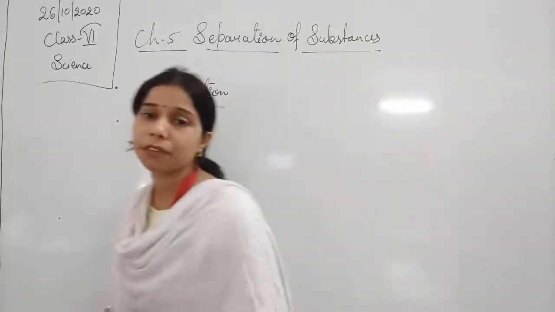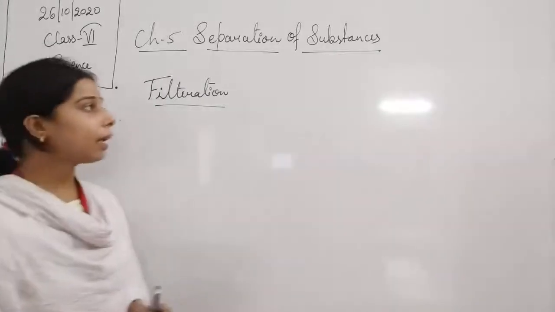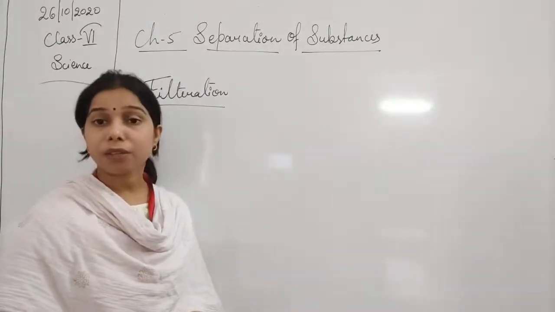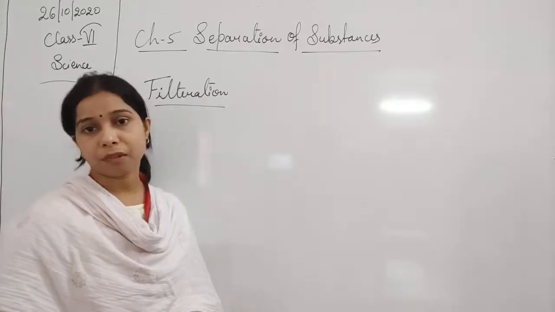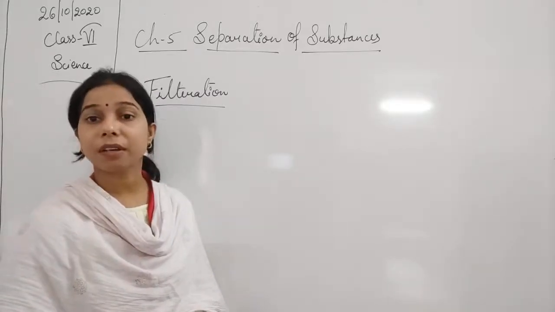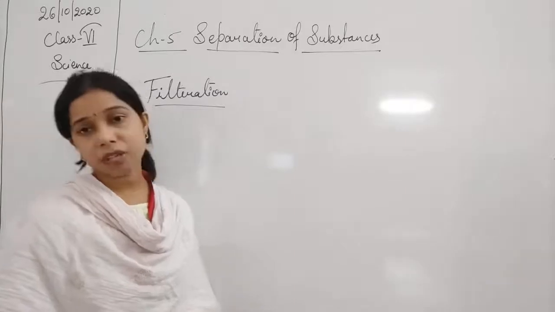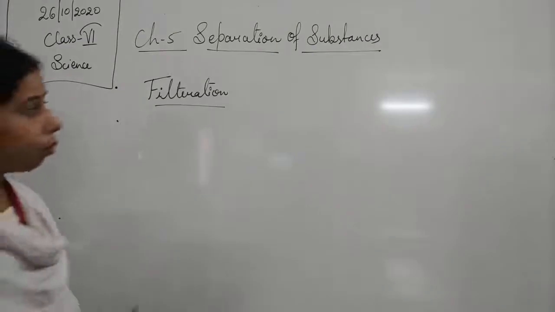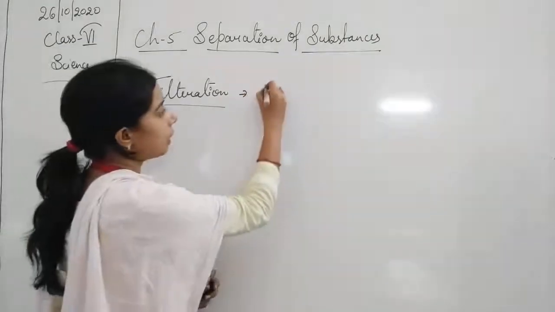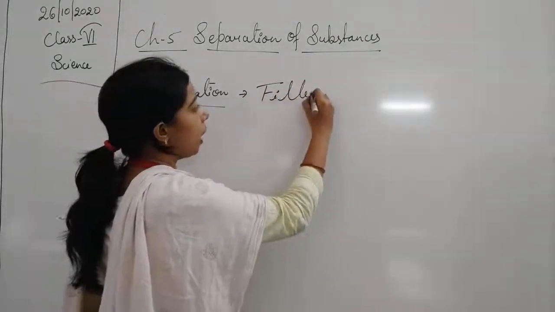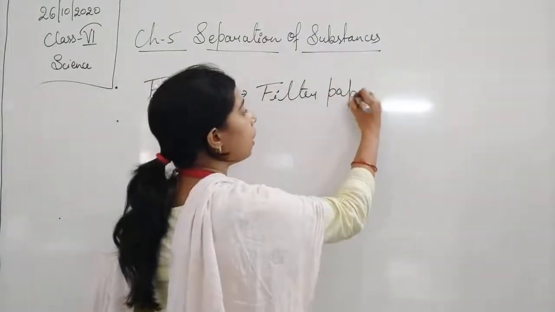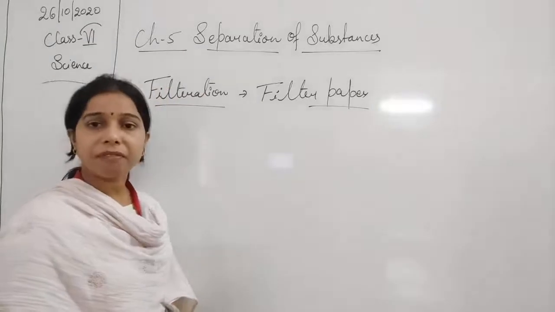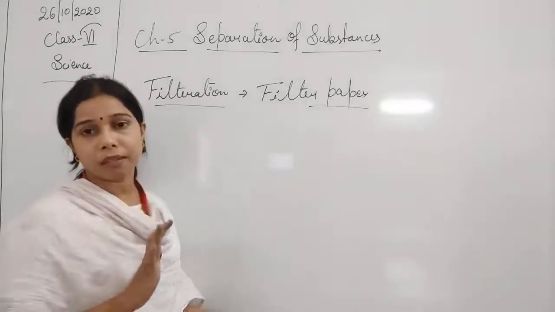In the process of filtration, students, we can separate one layer from the other by using a filter. That is why the name is given filtration. Filtration means with the help of a filter. Filtration basically happens with the help of filter paper. Filter paper is a kind of paper consisting of very minute holes in it.